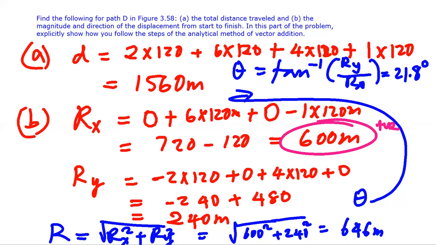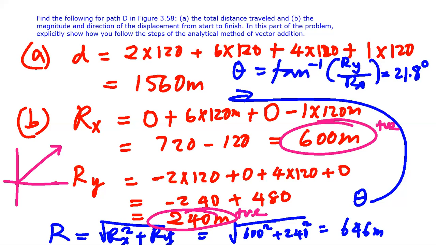That tells us the vector is located in the first quadrant, because only in the first quadrant do we have positive x and positive y.